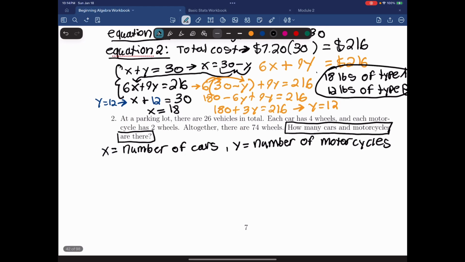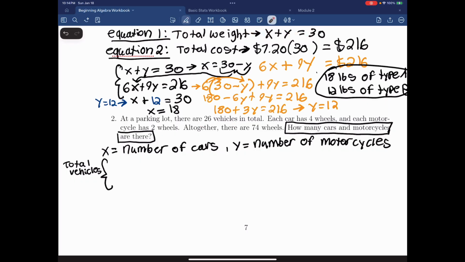So now that we know that, let's set up our system, our 2 equations. Let me rewrite these brackets here. There you go, that's a little bit better. So for our first equation, we're going to have the total vehicles. And looking at our first equation, we know that in total, there are 26 vehicles.